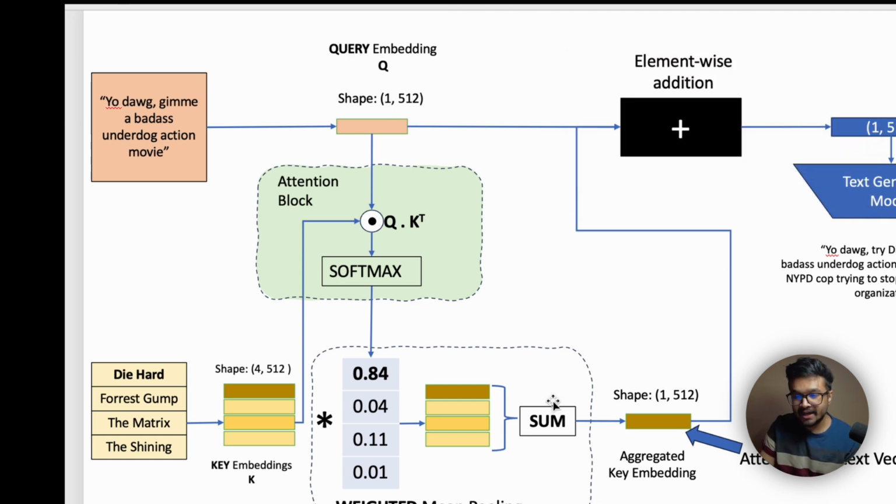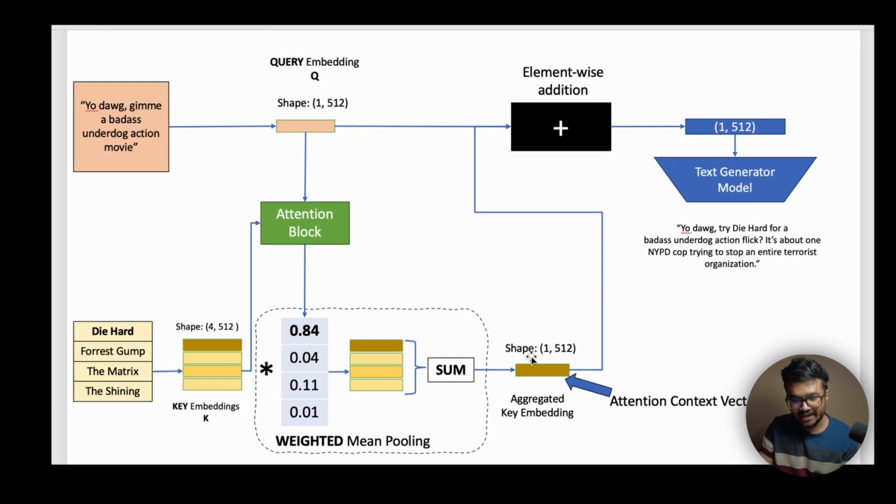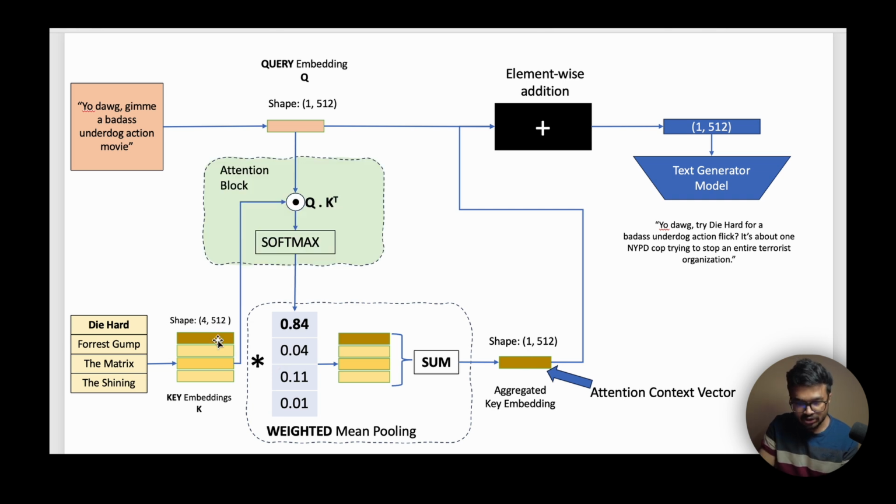Because remember that this aggregated key embedding we have here is just a weighted average of the embeddings of the movies. It has actually no direct influence from the query embeddings. All the query embedding did was tell how to average all these numbers. So when we add the query embedding back to the aggregated key embedding, you have a new numerical representation that is influenced by both the query as well as this aggregated key.